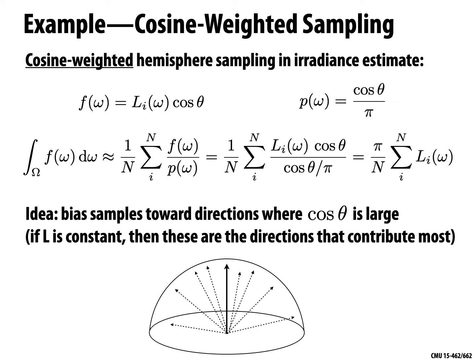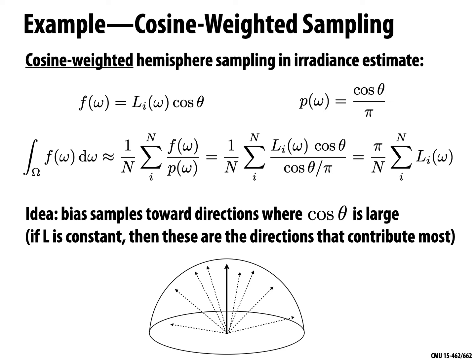Okay, and now we run through the same expression for our estimator. So we want to estimate the integral of f over the hemisphere. That's equal to 1 over n times the sum of f over p. In this case, we have the same f, L i of omega cosine theta, divided by this new probability, cosine theta over pi. Okay, and now, interestingly enough, our importance sampling strategy is even simpler than our original estimator.